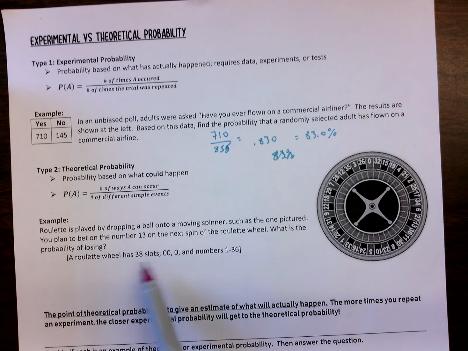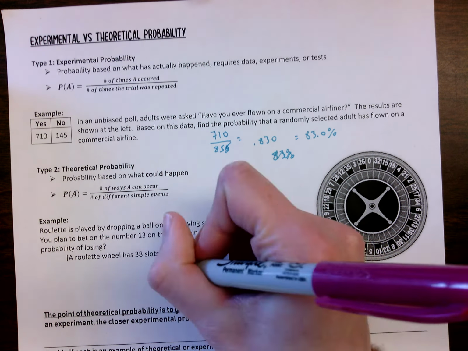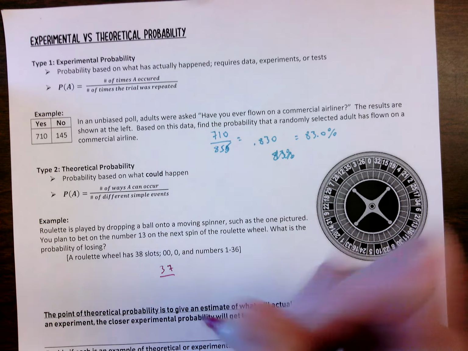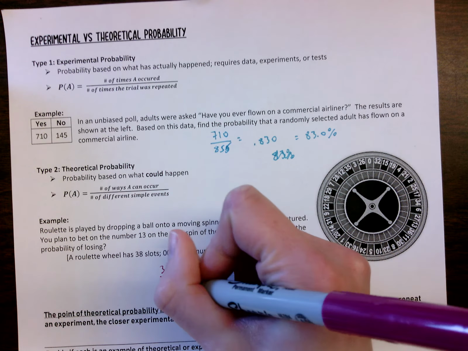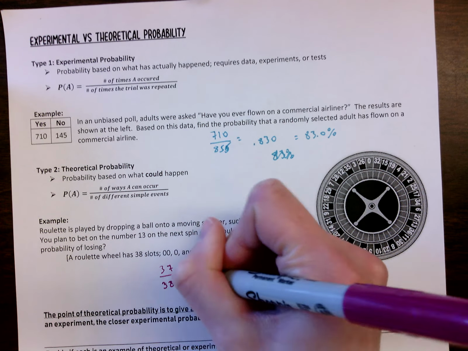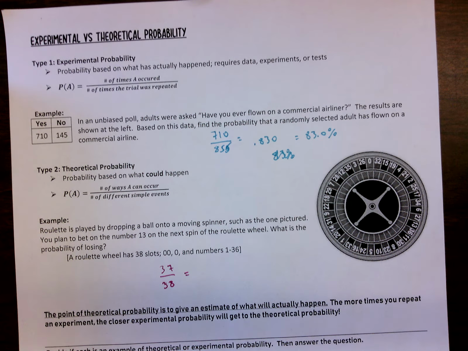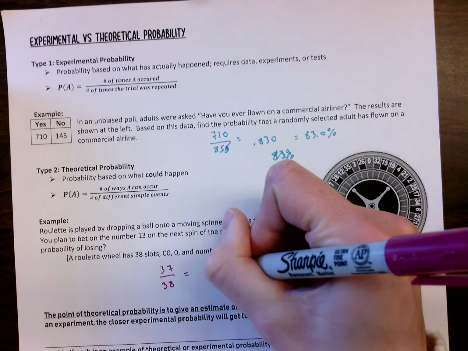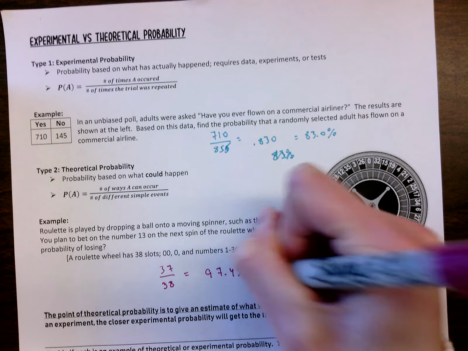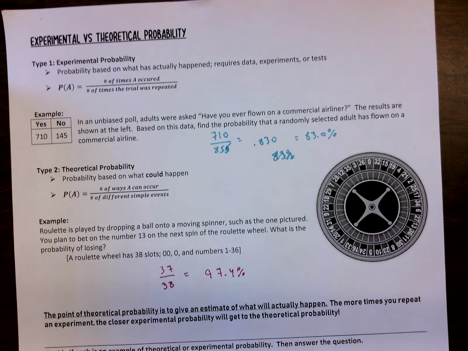There are 38 slots altogether, and only one of them is the number 13. So your probability of losing is 37 possible outcomes where you lose divided by the 38 total outcomes available. So you have a 97.4% chance of losing any given time that you spin the roulette wheel.